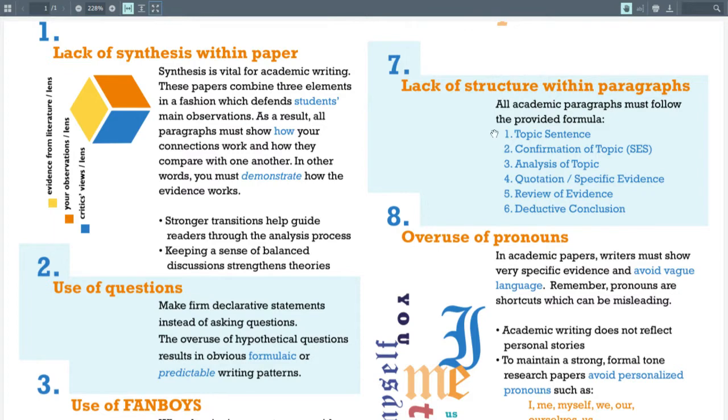So, for instance, your topic sentence could declare that stem cell research is important despite the controversy. Okay. Then your second sentence would confirm that and would further state that recent medical tests and research has proven that the collection of stem cells is not as detrimental as once thought in the early 2000s.